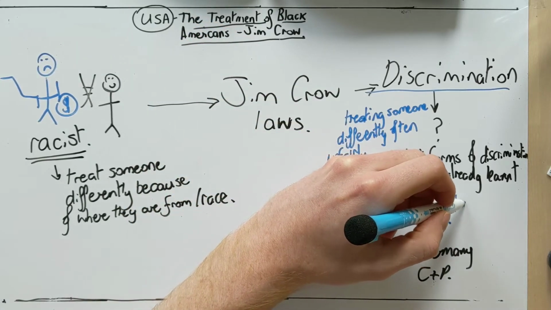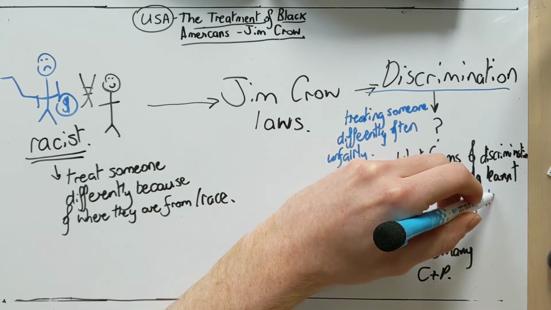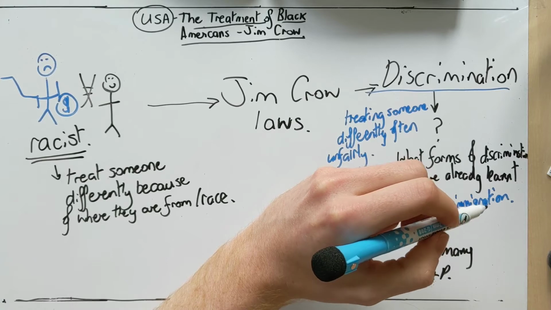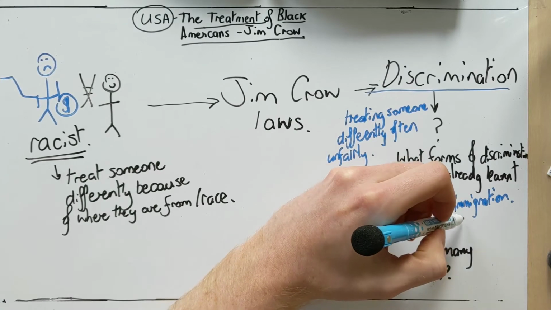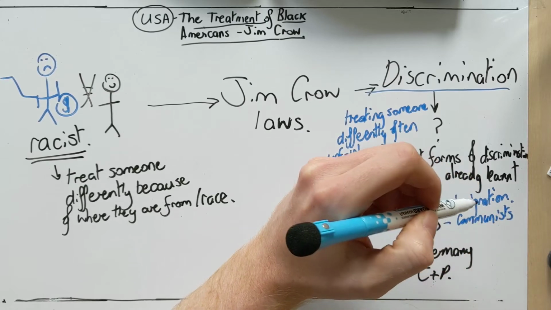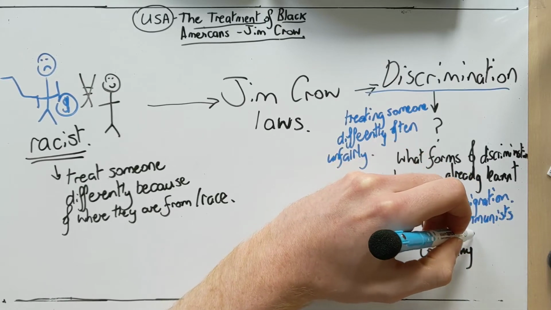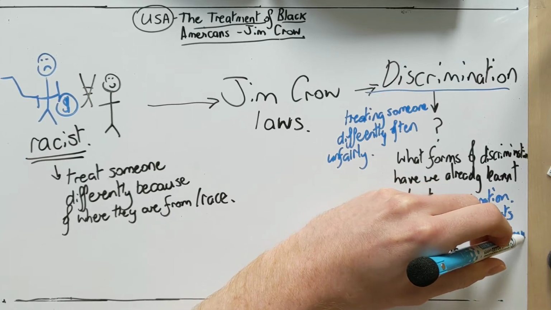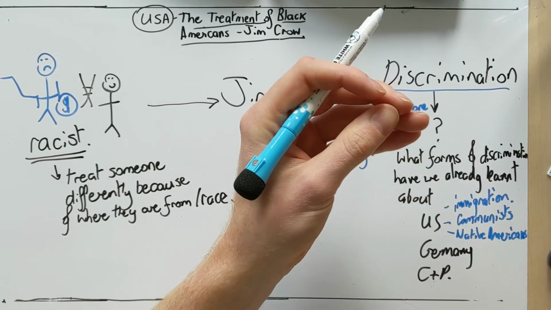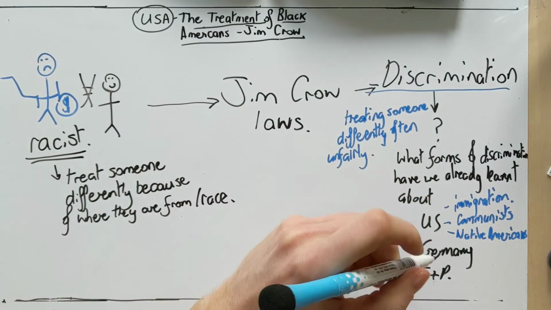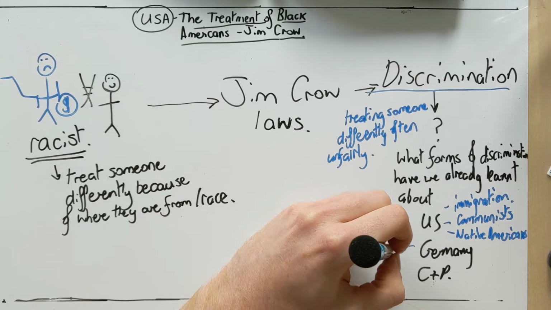Well, we've looked at immigrants, and the Red Scare treated what group unfairly or differently or discriminated against them? Is it communists? And who were assimilated? Native Americans. So we've already looked at a number of groups treated unfairly, and Black Americans are another group that are treated unfairly. You could say more, and that's what we're going to have a look at today.